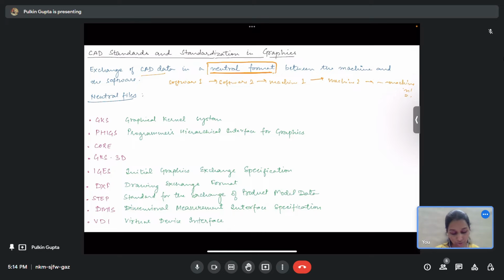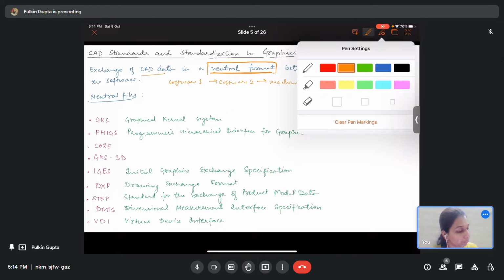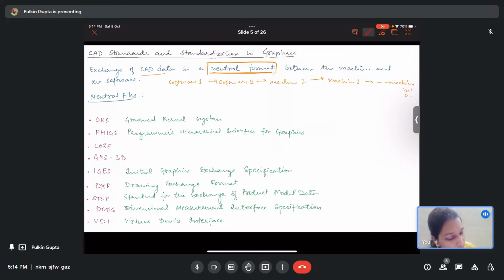GKS basically provides a complete range of graphical facilities in 2D, including the interactive capabilities.